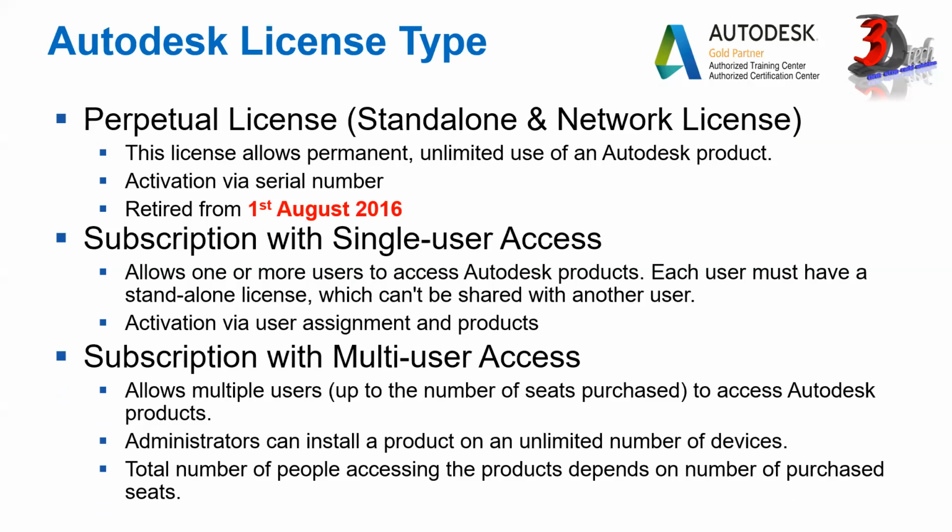The difference between the perpetual network license and subscription with multi-user access is the term license. Perpetual license gives you permanent and unlimited use of an Autodesk product, but for subscription with multi-user access, you are on a term license, where if you want to continue using the software, you need to renew by the time your license is going to expire.